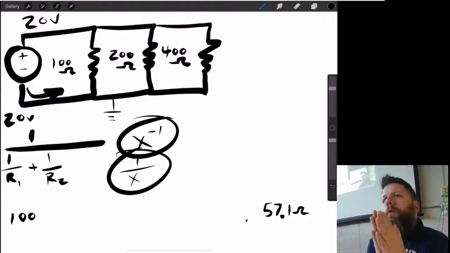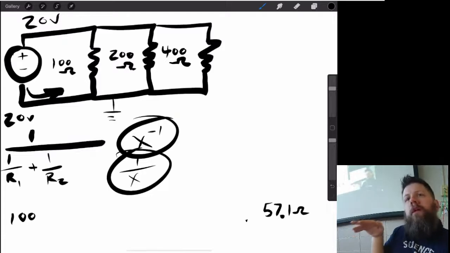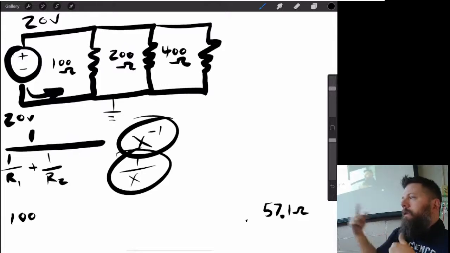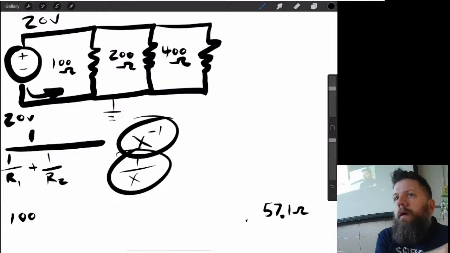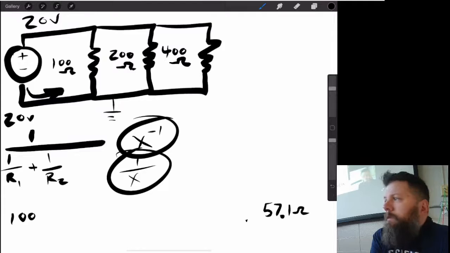Everybody cool with resistors in parallel sharing the same voltage drop, right? But then they make up for it by the amount of current going through there. That first one is going to have double the current that the second one has. The second one is going to have double the current the fourth one, the 400 one, has, right? Cool.